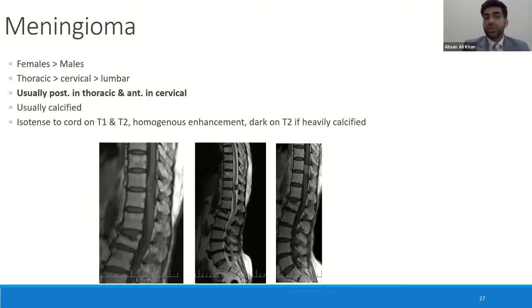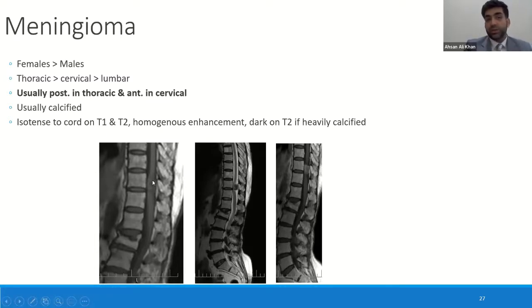They are usually posterior in the thoracic spine, and when the meningiomas are in the cervical spine, they're more anterior. I'm using the word usually, but of course that's not always the case. Sometimes you might see meningiomas in the cervical spine posteriorly, and you can also see anterior meningiomas in the thoracic region. They are usually calcified.